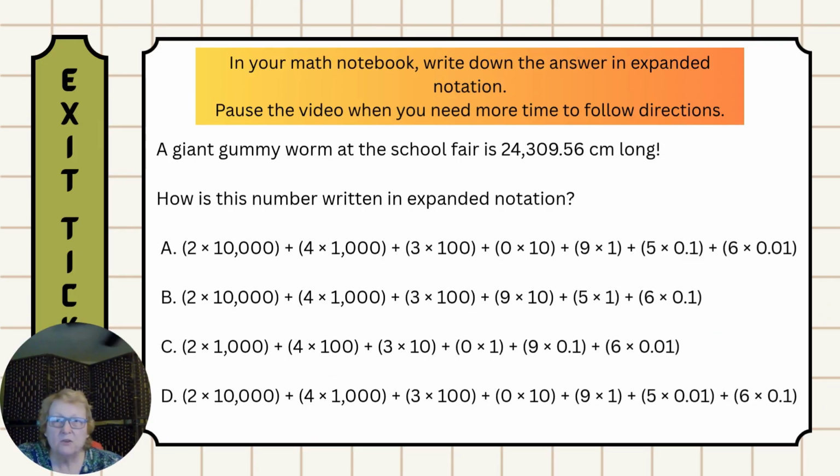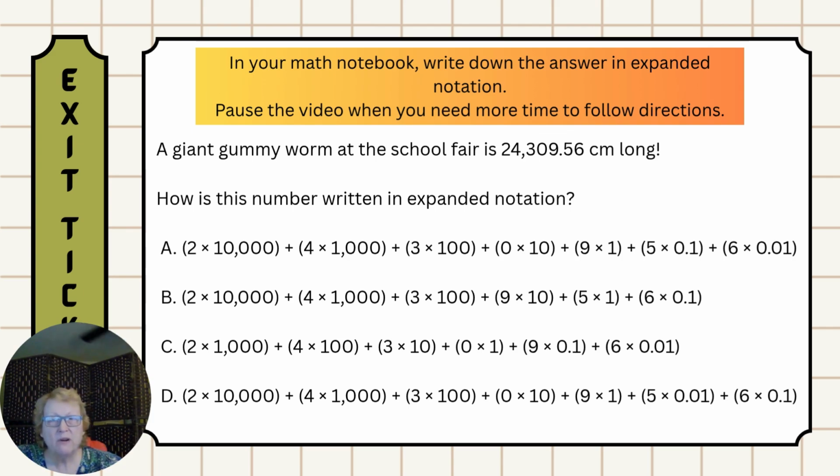Now we are down to the exit tickets for this lesson. These are to be answered and completed independently by you. In your math notebook, you are going to write down the answer for this first exit ticket question in expanded notation form. You're going to write out the complete answer choice selection.